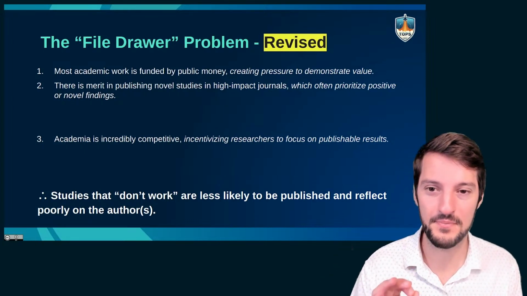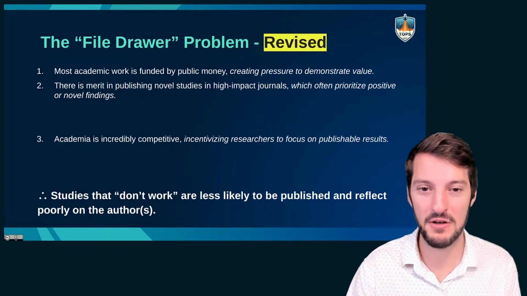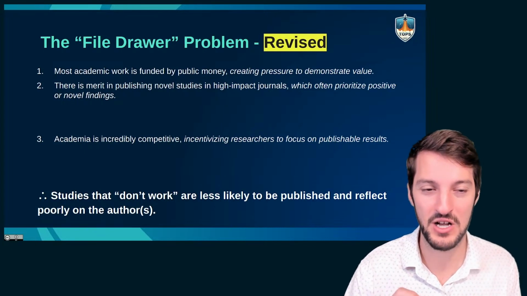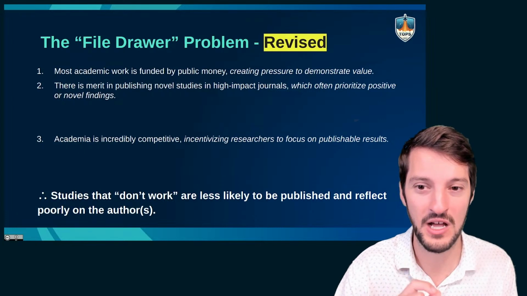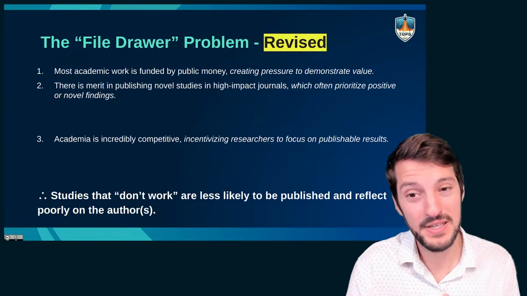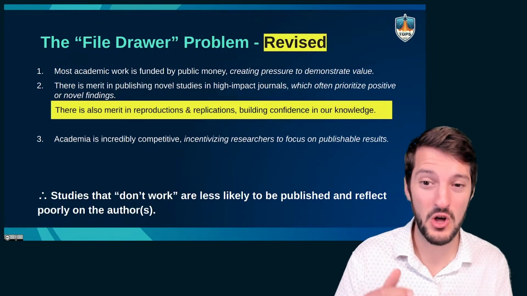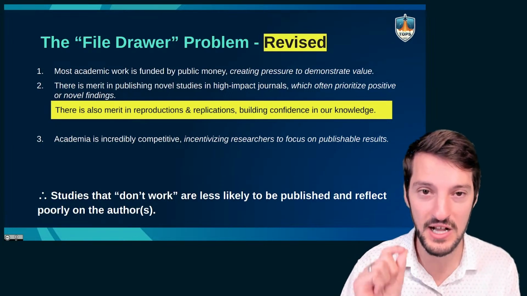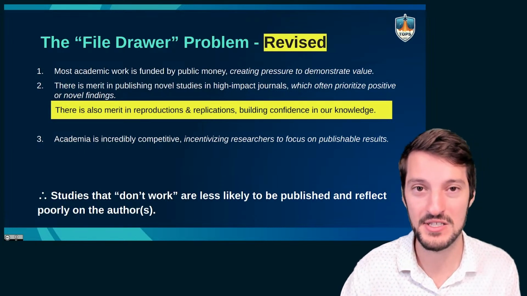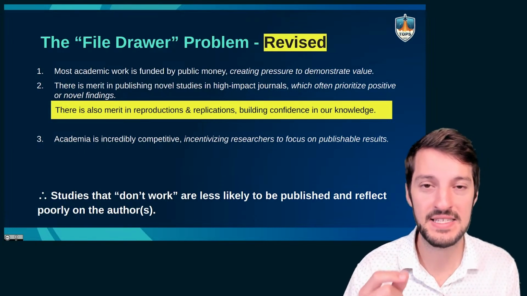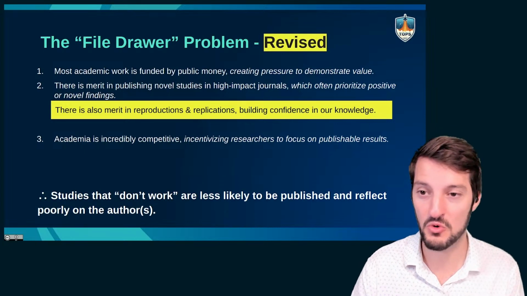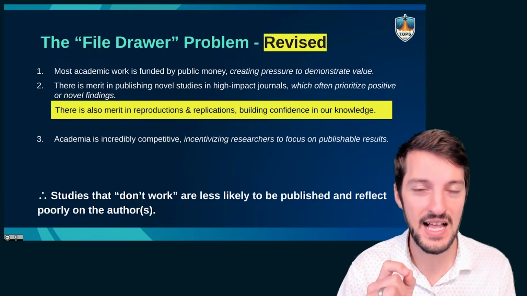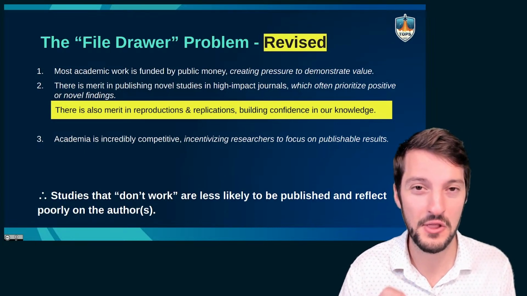But in point two, there is merit in publishing novel studies in high-impact journals, which often prioritize positive or novel findings. But in fact, I would say that there is also merit in reproductions and replications that build confidence in our knowledge. Just because you didn't find something statistically significant or novel or interesting does not mean that your work never should see the light of day.